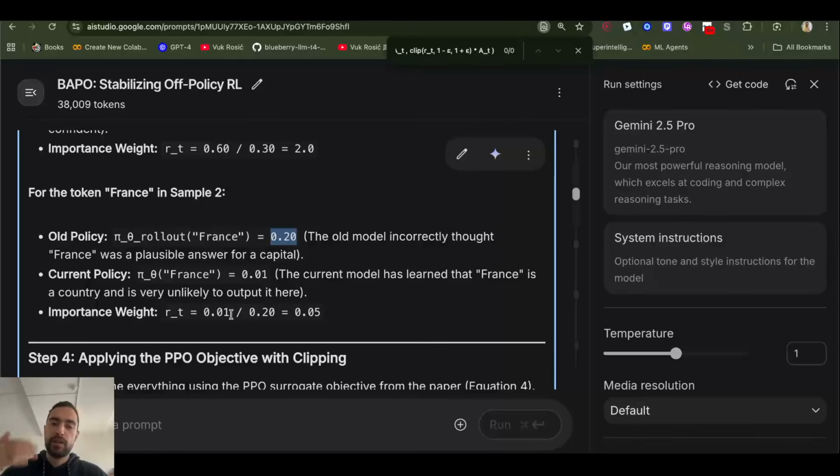But after we adjusted parameters, maybe once or even a couple of times, it doesn't matter, we see that now the probability is just 1%. So now it's learning that it shouldn't be France as the capital of Germany. So now the importance ratio is 0.05.